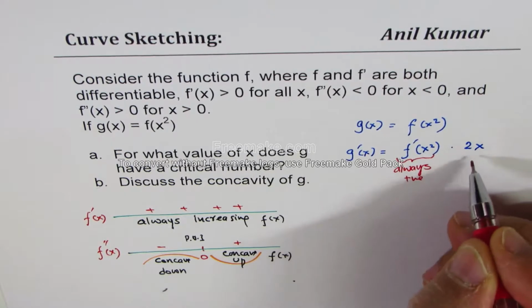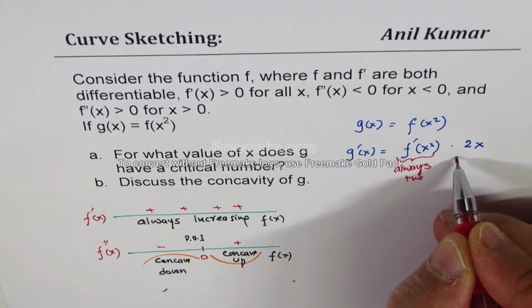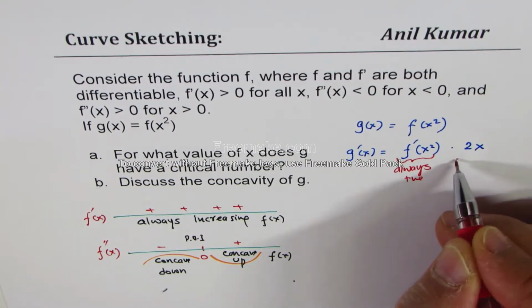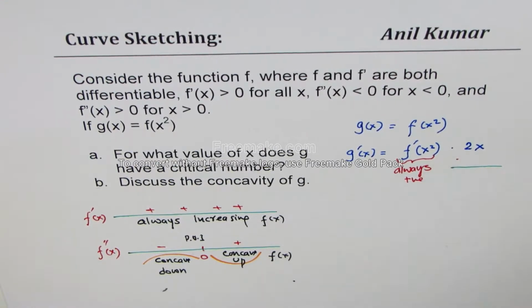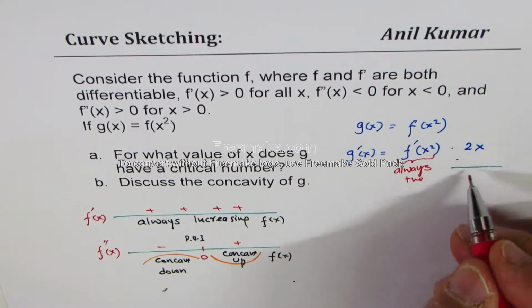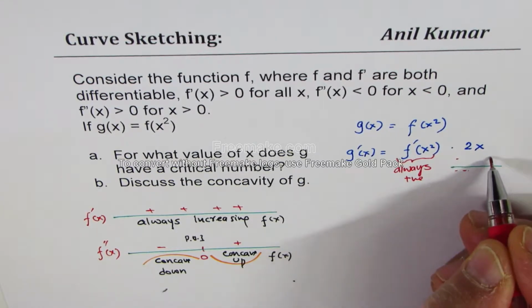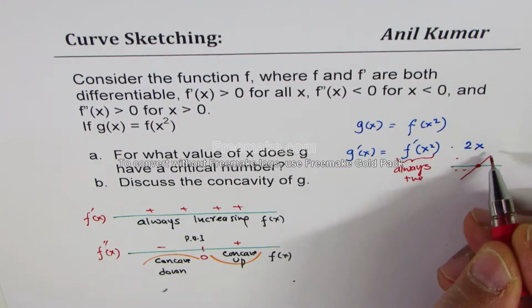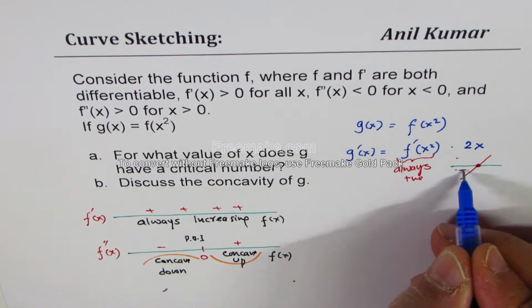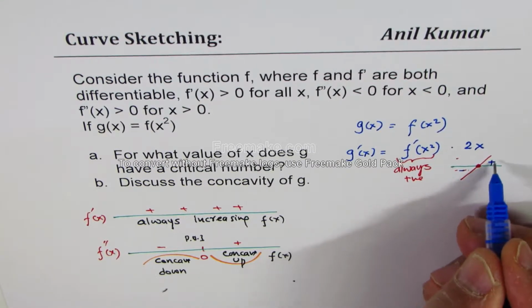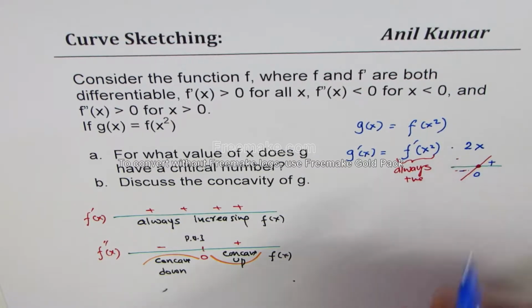Now how about this part? Let me sketch this part. It will be negative when x is on this line, 2x. So this part will be negative to the left of 0, but positive to the right of 0, the 2x term.